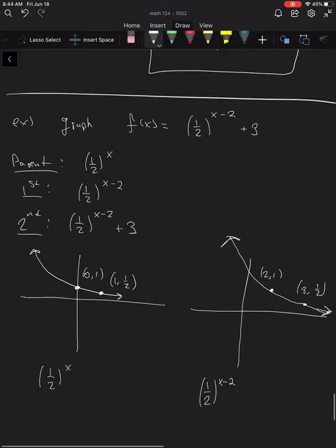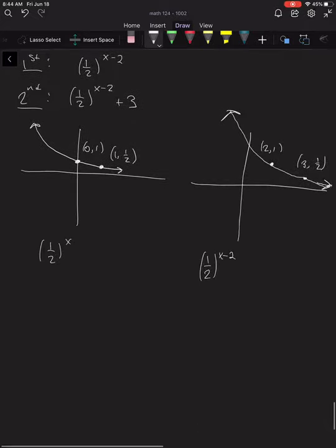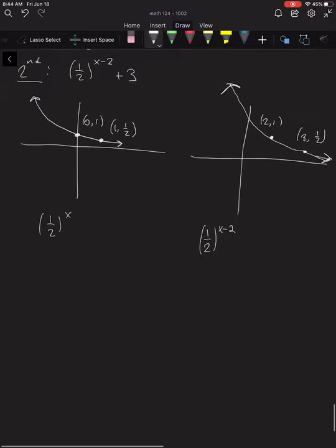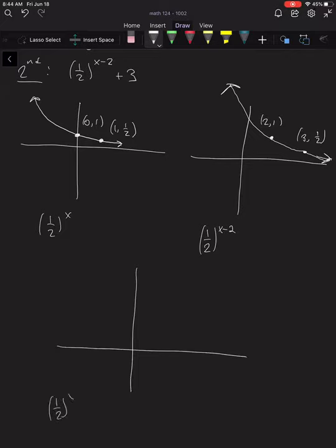Okay, and then the last one, the plus 3. Now every point gets moved up 3 units. Remember, before we had the asymptote on the x-axis. But if we move everything up 3 units, that asymptote is going to move up 3 units. Now we take all of our other points and move them up 3 units.